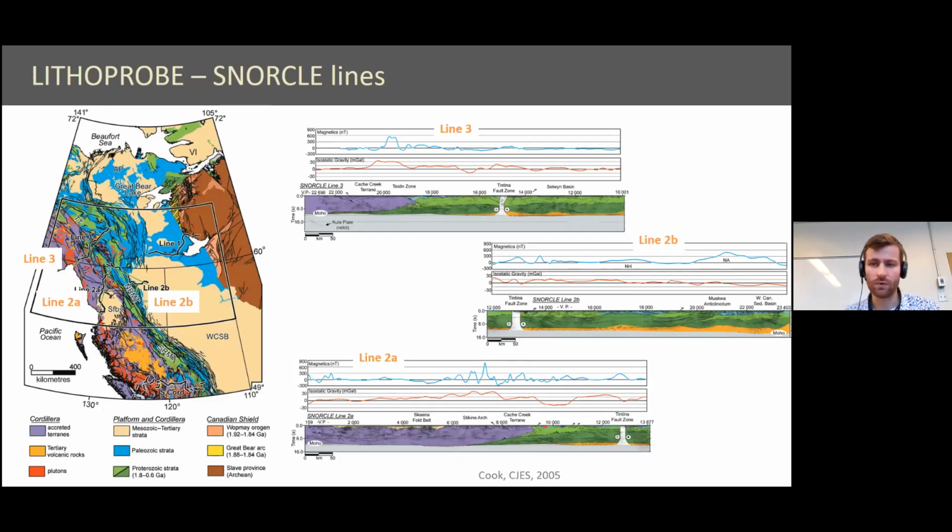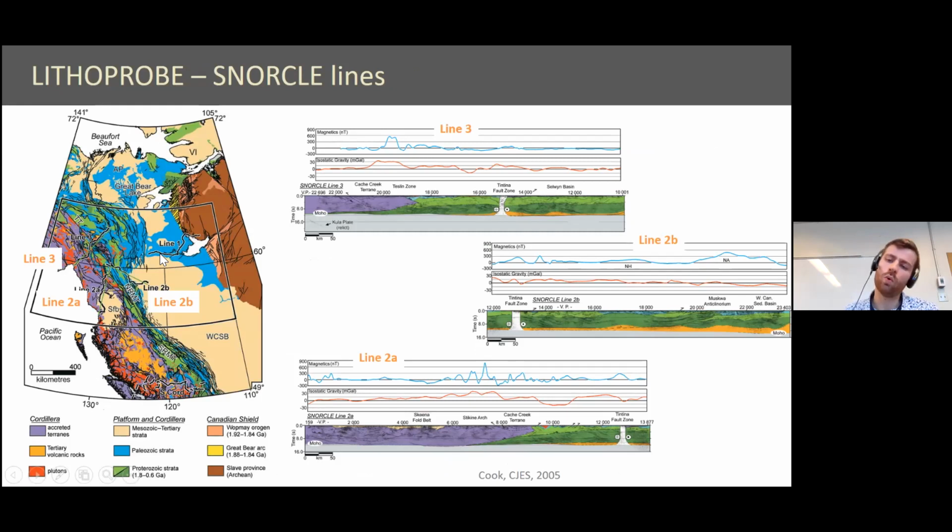But before going to any results, it's good to highlight some work that had been done in the past, especially from the LITHOPROBE SNORCLE lines. That was an experiment that was running in the late 90s. Here you have the locations of the three different lines that were going through the Cordillera and the Canadian Shield.